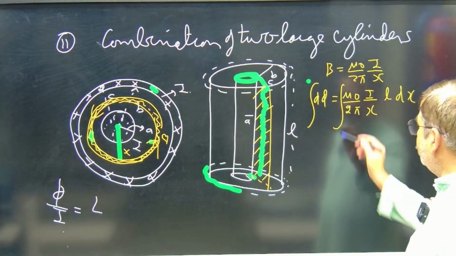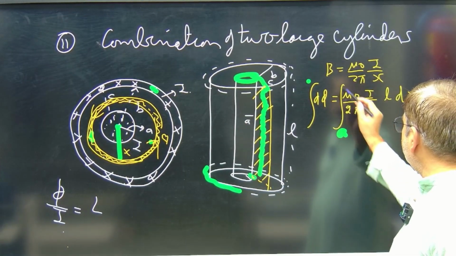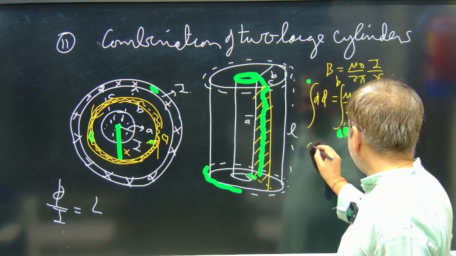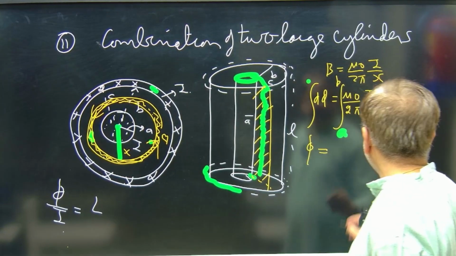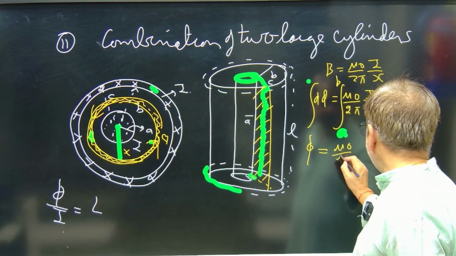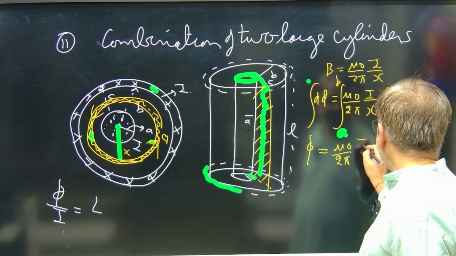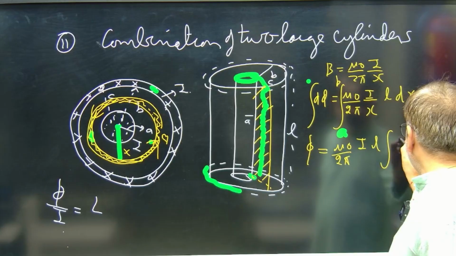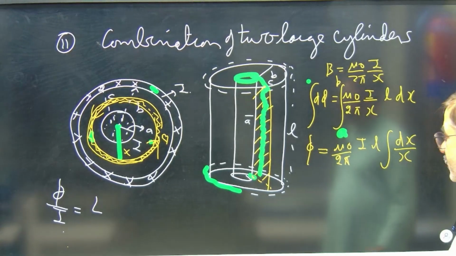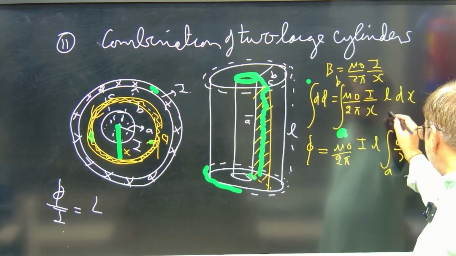I will integrate from a to b. What is this flux phi? Just see: mu naught over 2 pi, I into L, integration of dx by x, and it will integrate from a to b.